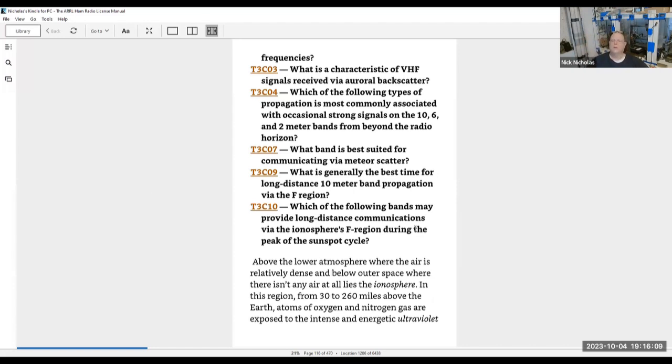4 here talks about the ionosphere. The ionosphere is a portion of the atmosphere somewhere between 30 and 260 miles, as it says in your book, above the Earth. And that zone is very easily ionized, meaning that electrical charge can build there.